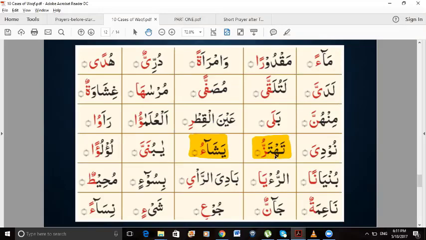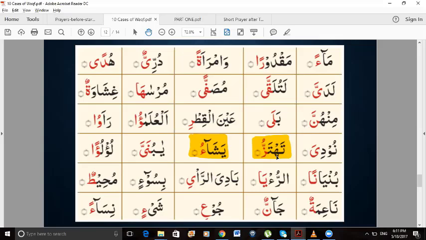Excellent, well done. So normally, without pausing, you would read this as tahtazu. You have to join this ta with the za with force because of the shadda, and then the za has a dhamma on top of it. So tazu. Thursday. Excellent.